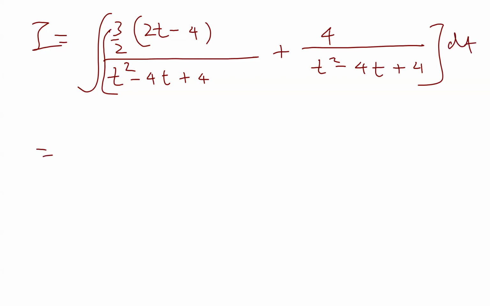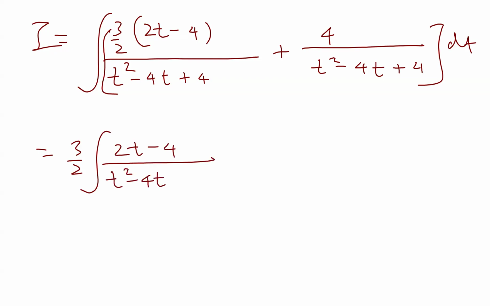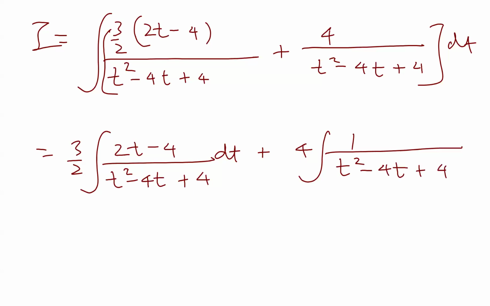Now individual integration by taking the constants outside: 3 by 2, 2t minus 4 upon t square minus 4t plus 4 dt, and 4 outside, 1 upon t square minus 4t plus 4 dt, right?